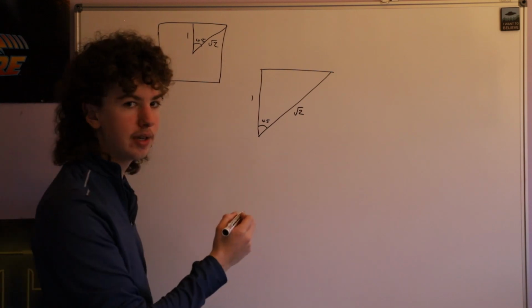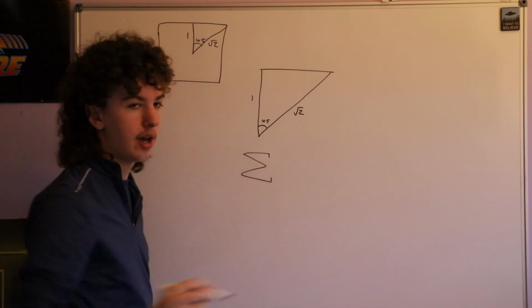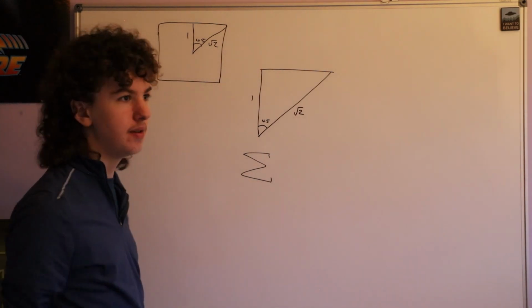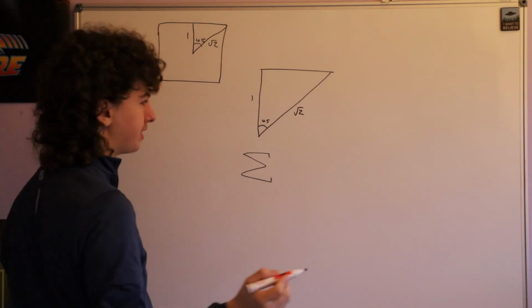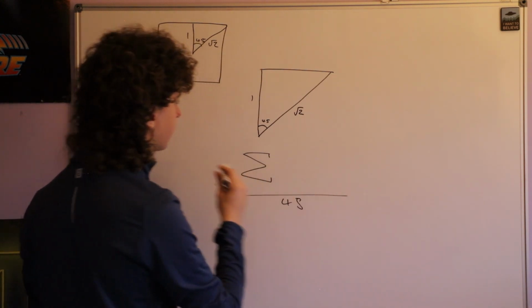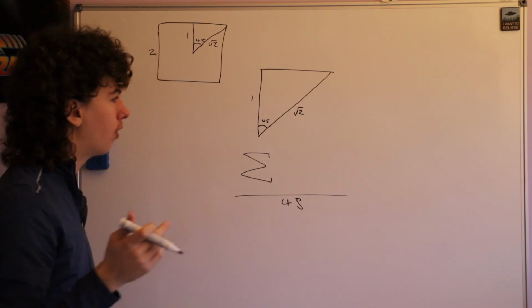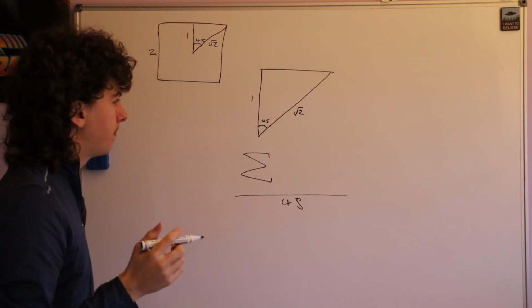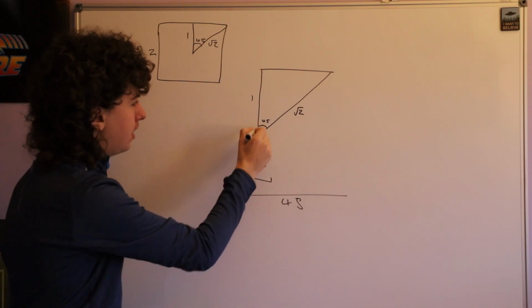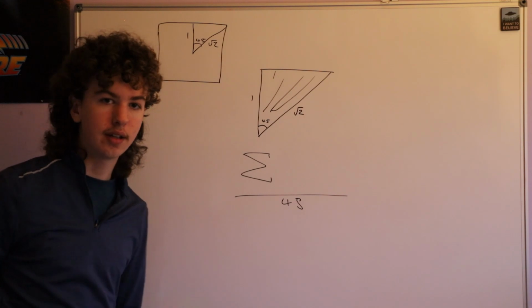Well, we know it's going to be a sum, and we know at the end we're going to have to divide by 45, the amount of samples we've taken. But what's our expression for these lines that we're getting?